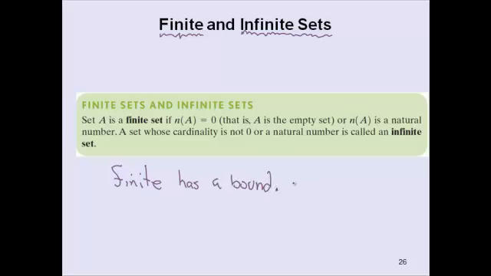That there is some upper limit, okay? So even if the upper limit is a trillion, right, or our national debt is 16 trillion, there's an upper limit on that. Infinite, by definition, right, if we look in Webster's, has no bound on it.